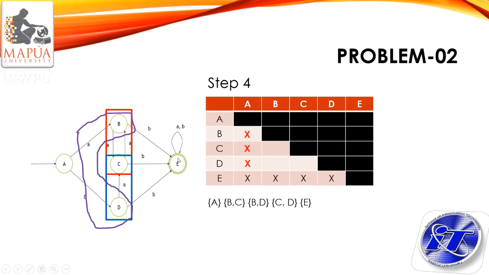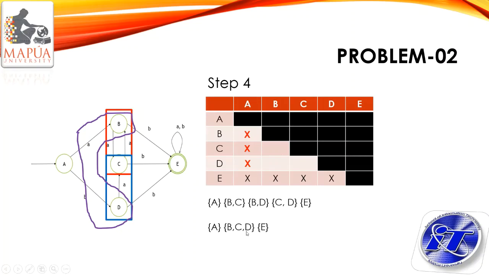As a rule, if the cells are adjacent, you could group them as 1. B, C, B, D, and C, D are adjacent. Therefore, we could group it as 1. So we have A, BCD, and E. From here, we could now draw the minimized DFA.